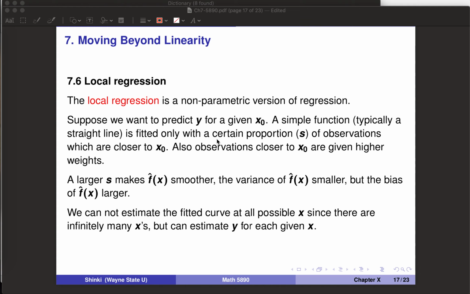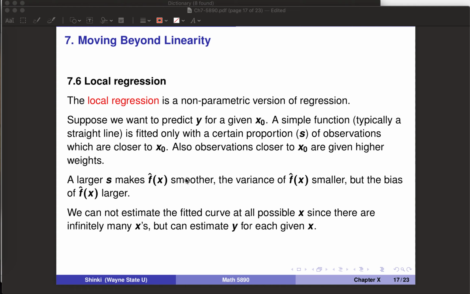So what percentage of observations should be taken? What's the optimal S? That is one question. If we use a large S, then f hat becomes smoother in terms of x. Think about S being 100%, 1.